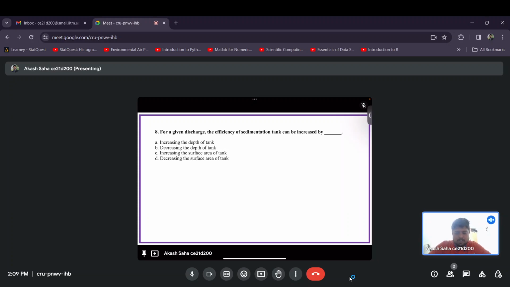So just think about it for a minute and tell the right answer. It is talking about the sedimentation tank and how the efficiency can be improved when the discharge is kept constant.